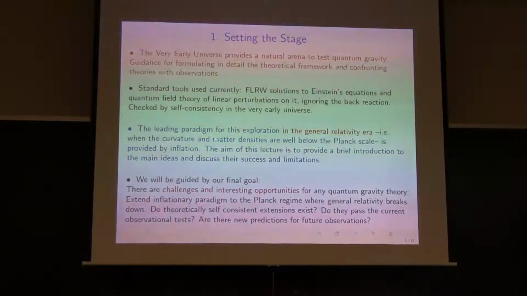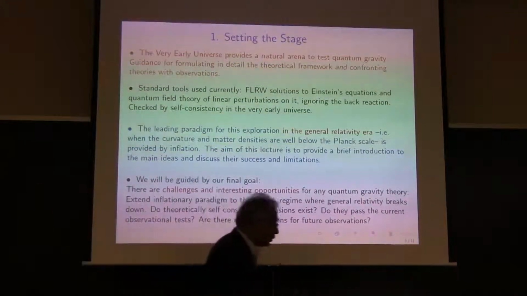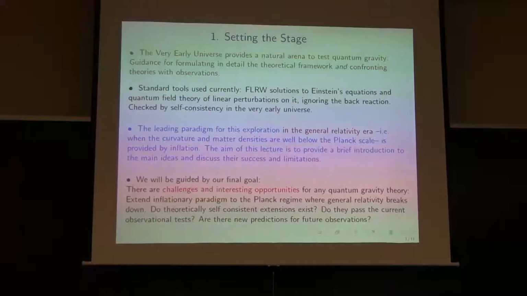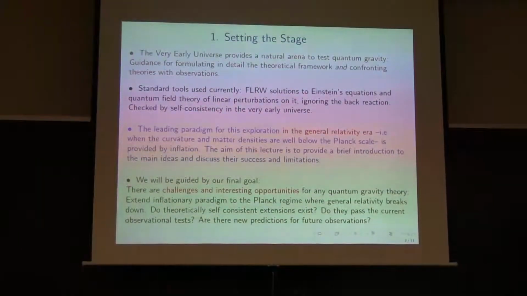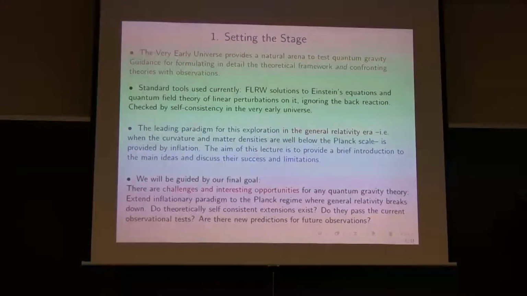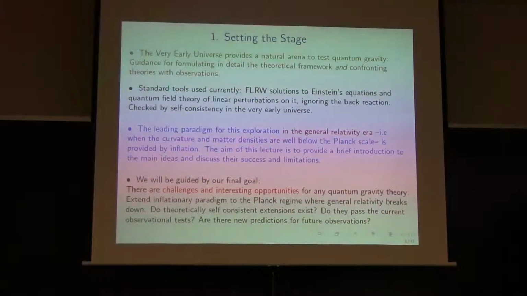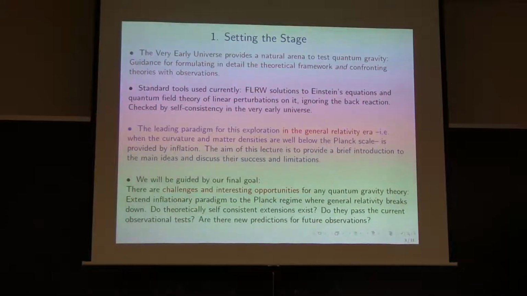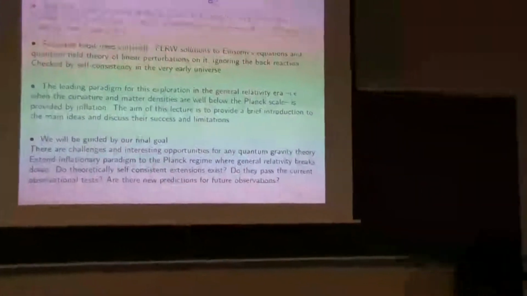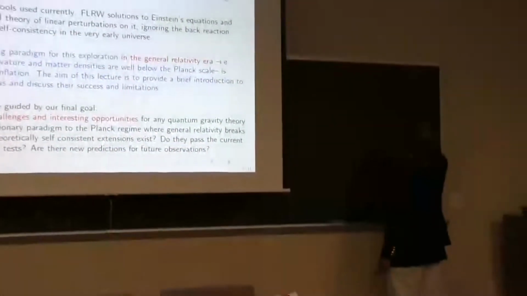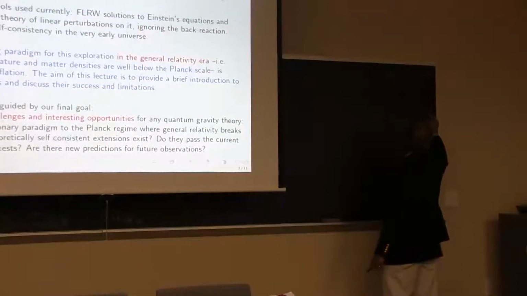And the leading paradigm for this exploration is in the general relativity era. That is to say, when the curvature and matter densities are well below the Planck scale. We're going to see this in some detail in this lecture: at the inflation level, the spacetime curvature is about 10 to the minus 12 times the Planck curvature, which is about Planck length to the minus 2.